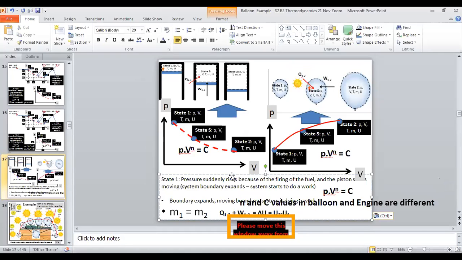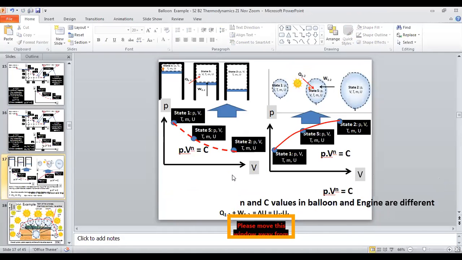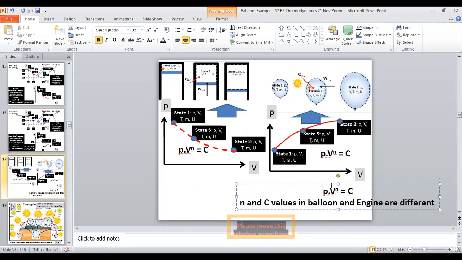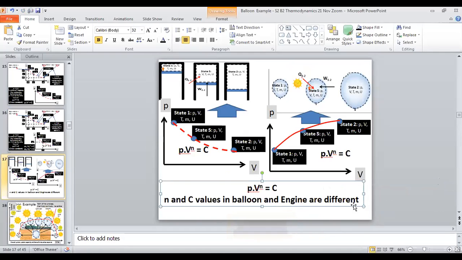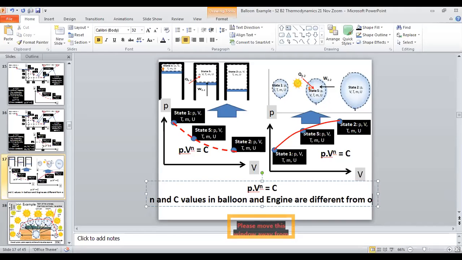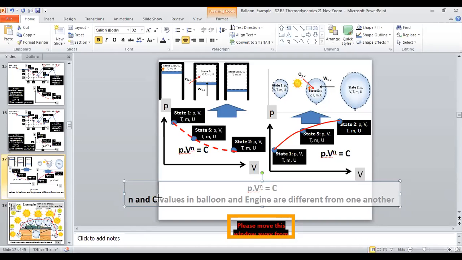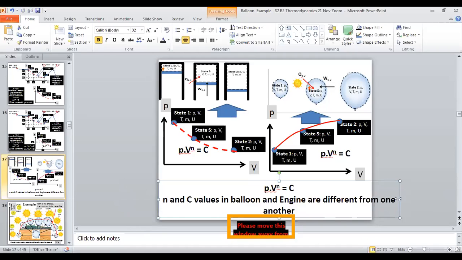I take this out because we are talking about n and C, which are now different from one another. So that is the fact.